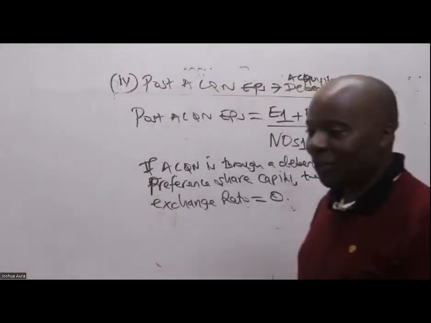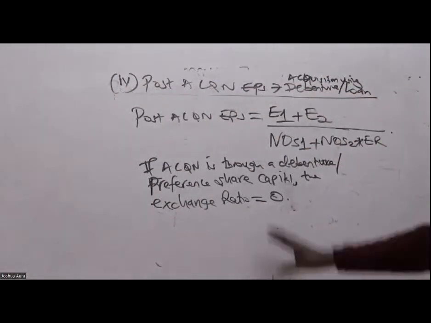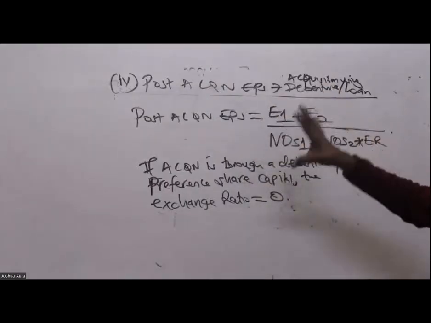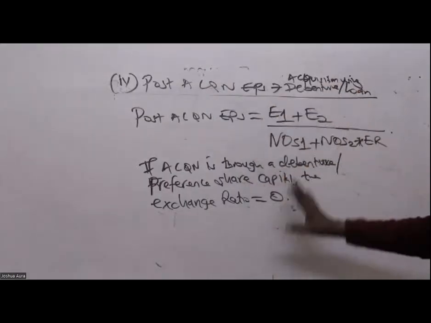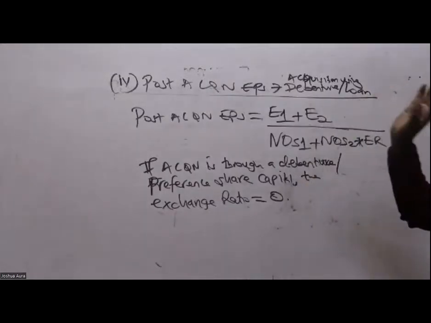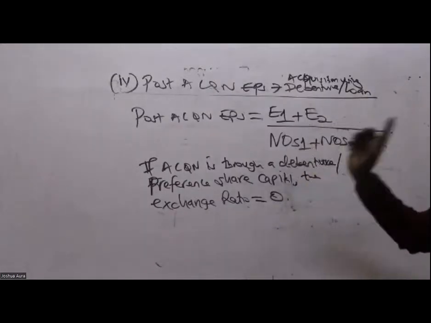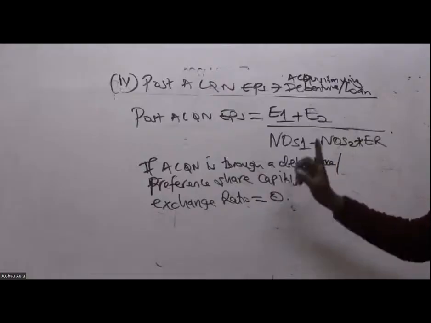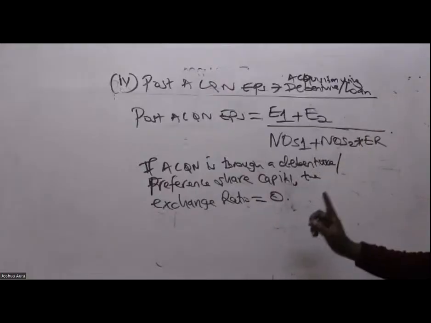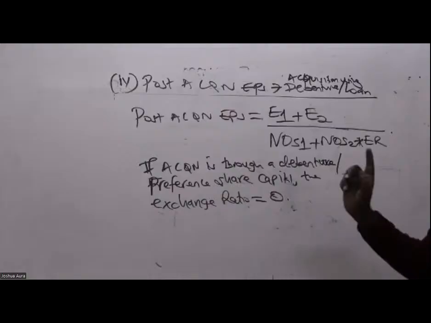You'll be able to watch the video, don't worry. So have you highlighted this? Anytime you see a question where the acquisition is financed through a debenture or a preference share capital, then the exchange ratio will always be equal to 0.